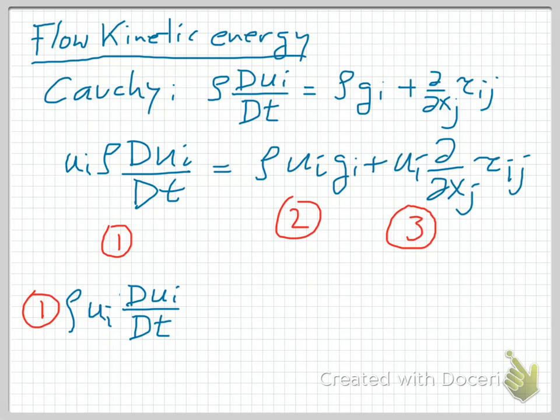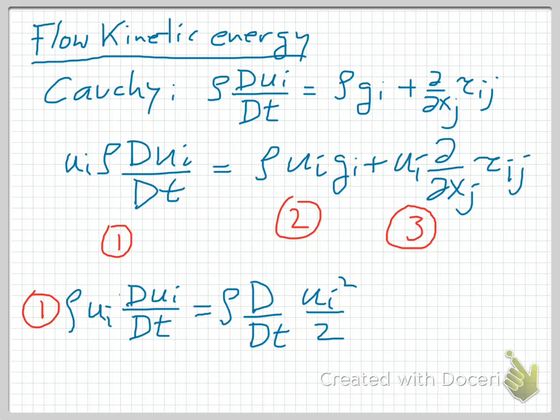So term number 1 looks like this right here. It's u_i D/Dt of u_i. Now, the material derivative, big D/Dt, is just a sequence of first derivatives, and so we can bring u_i inside the derivative just the way you would with any other derivative, and write rho D/Dt of u_i squared over 2.